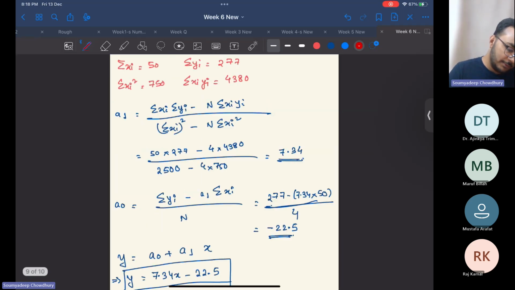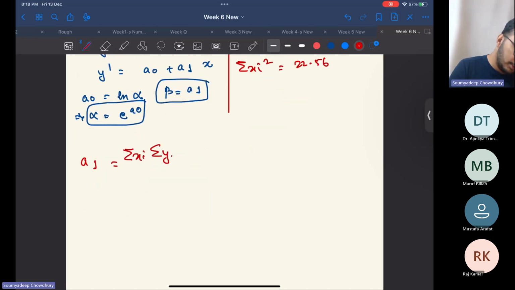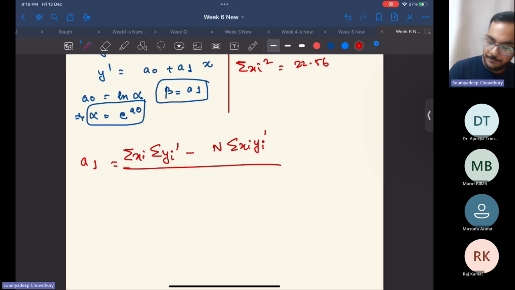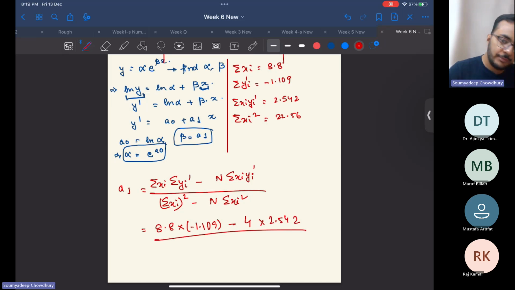A1 is basically, what was the formula? n summation xi yi dash minus summation xi summation yi dash, divided by n summation xi square minus summation xi whole square. So substitute: summation xi is 8.8, summation yi dash is minus 1.109, n, the number of data points, is 4, summation xi yi dash is 2.542, and summation xi whole square is 8.8 square, minus 4 into 22.56.